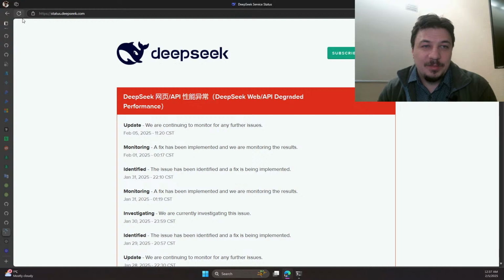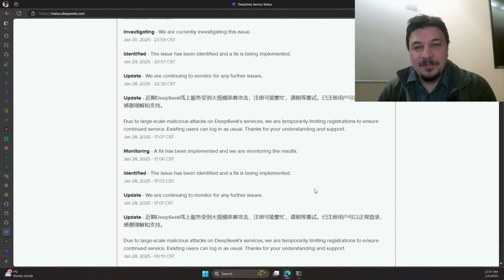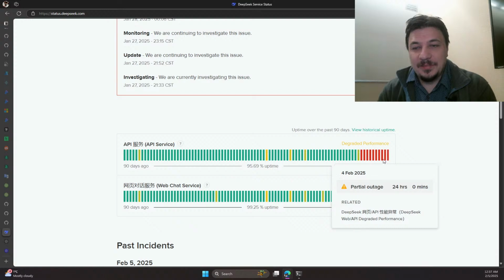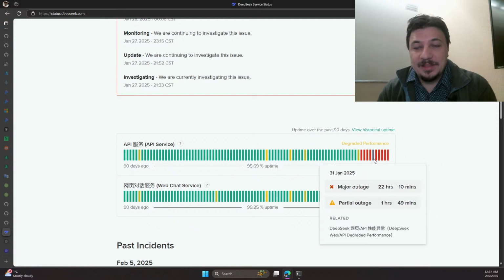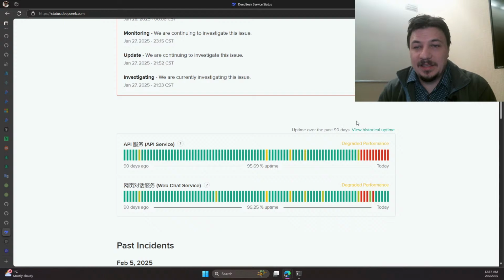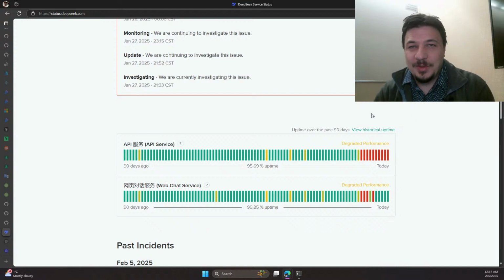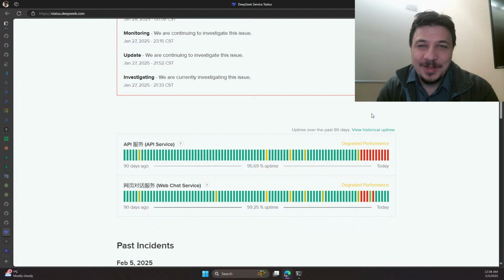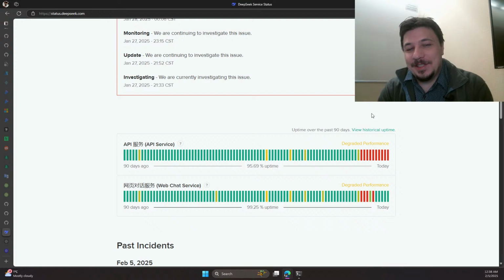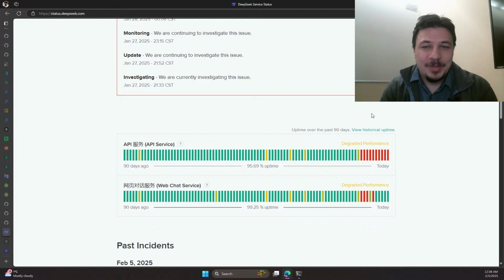We could go to the DeepSeek status and see that most probably the API is not available, at least steadily. Of course, it's available for free. You can download the full model because it's open source and run it on your server. But as you know, even though it's open source and very efficient, the full model still requires pretty a lot of space and a lot of memory and a lot of power to be executed locally.